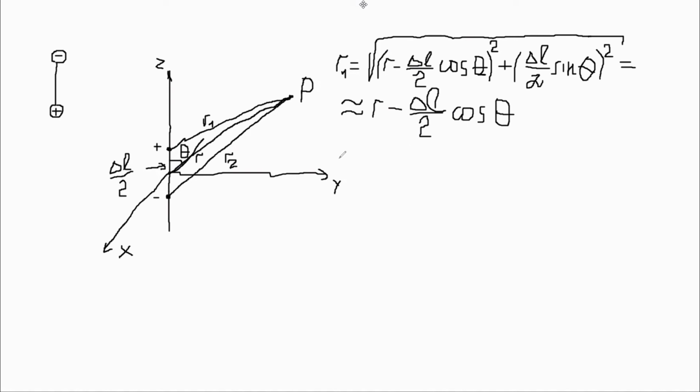The same approach works for R2. It will look very similar, just with R plus delta L divided by 2 multiplied by cosine theta.